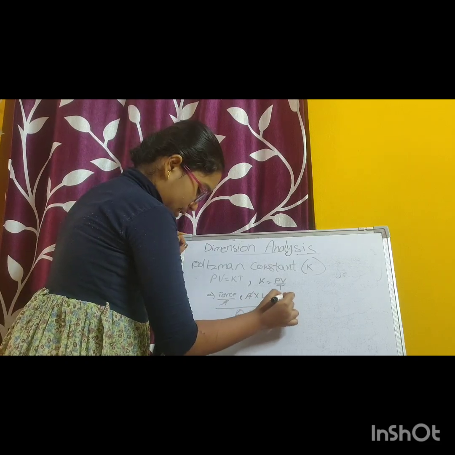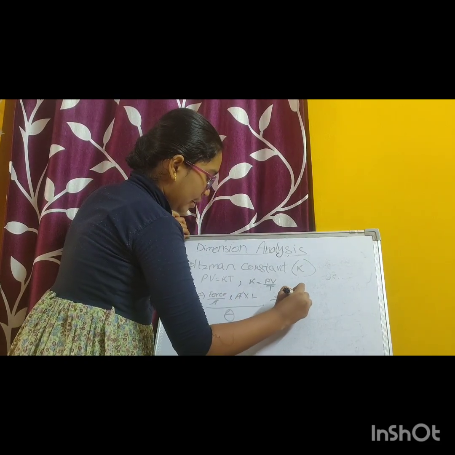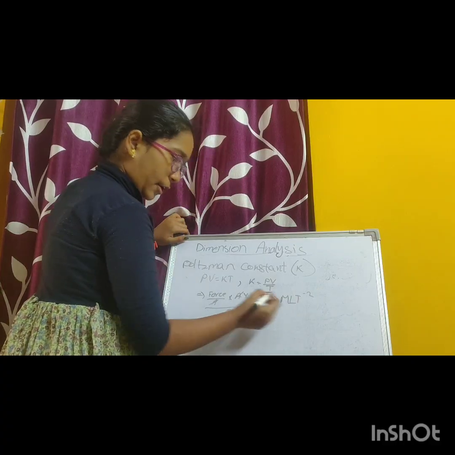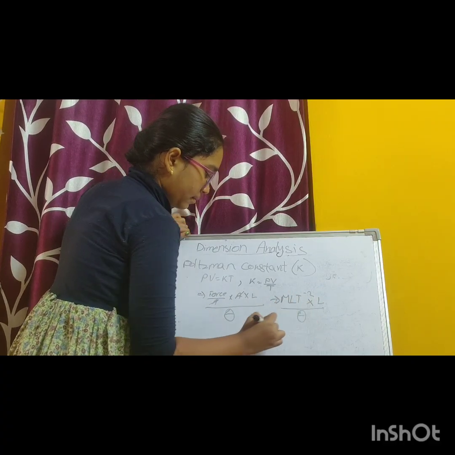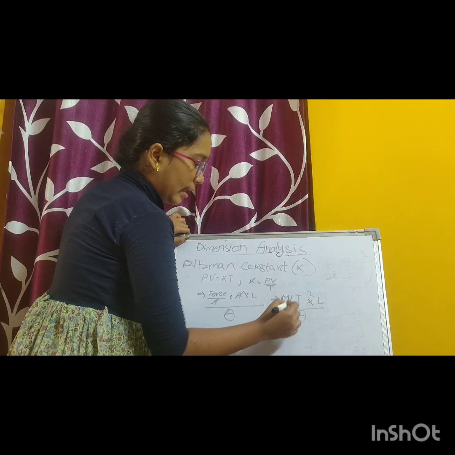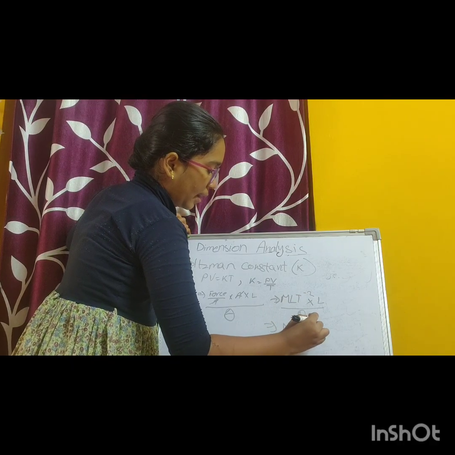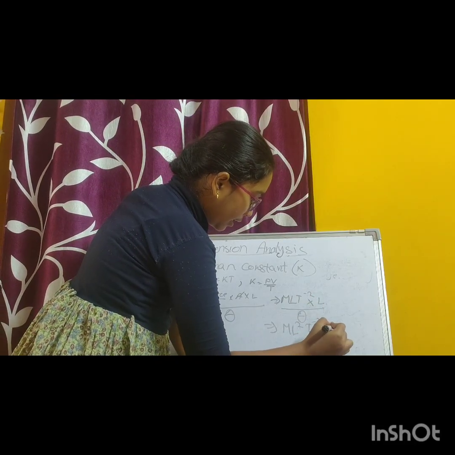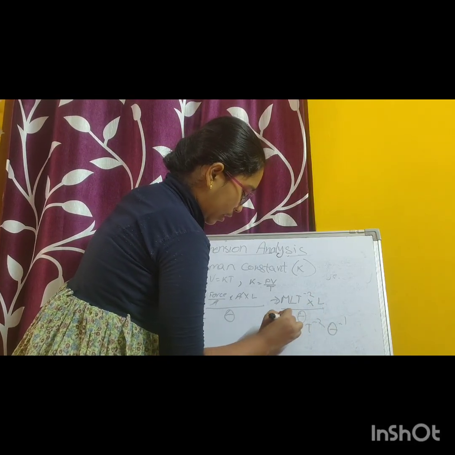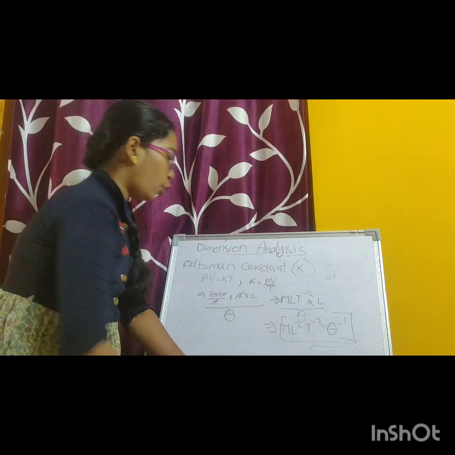What is the dimensional formula of force? M L T power minus 2 into L by theta. L into L is L square. So M L square T power minus 2, and this theta will go up and it will become theta power minus 1. This is the dimensional formula of Boltzmann constant.